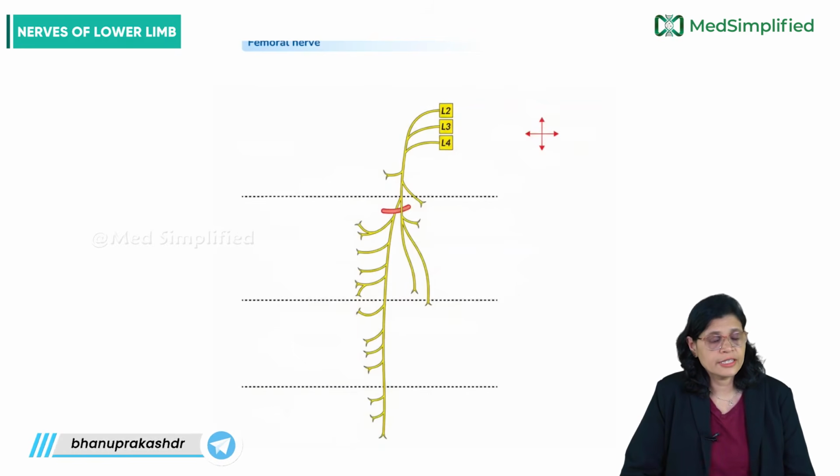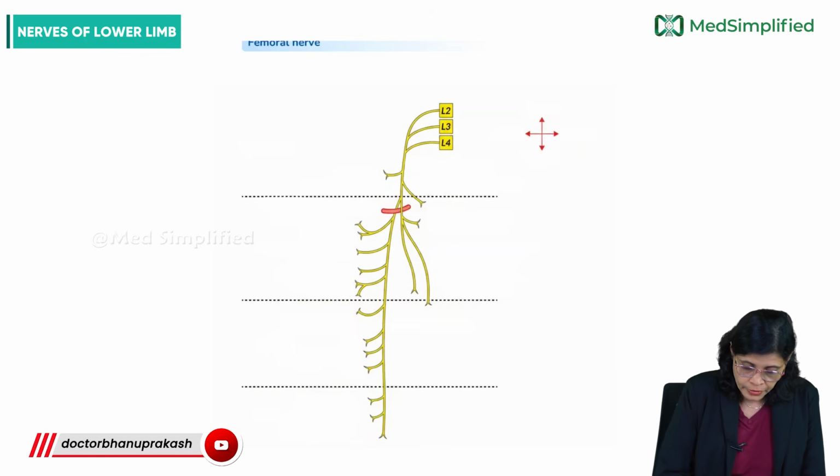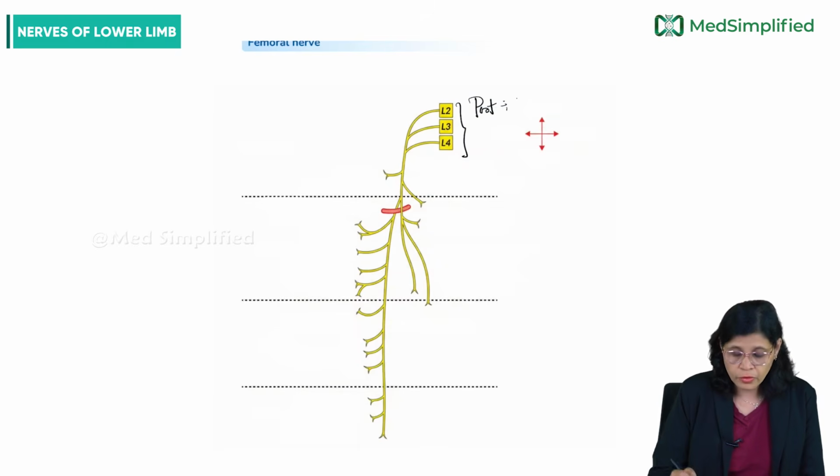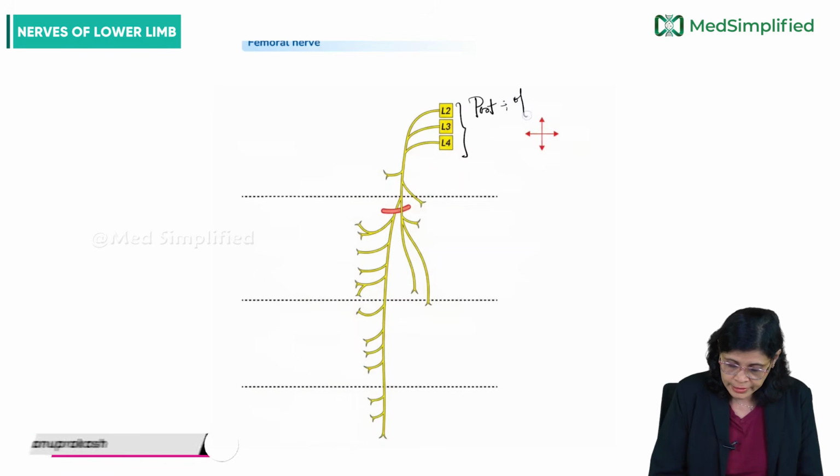Now let's first study the femoral nerve. The femoral nerve is the largest branch of the lumbar plexus. It is formed by the posterior divisions of the ventral rami of L2, L3 and L4 spinal nerves.